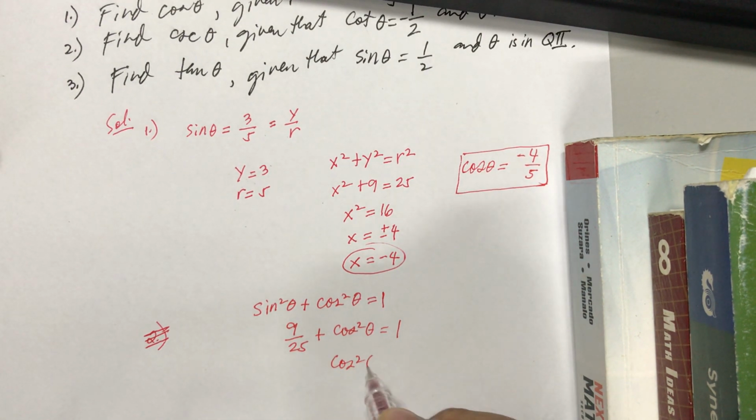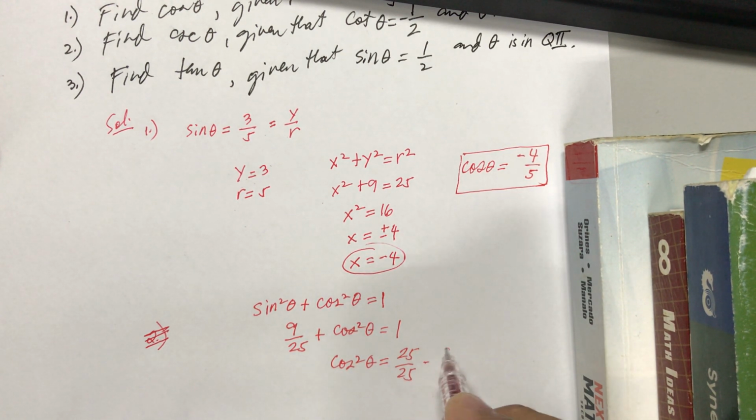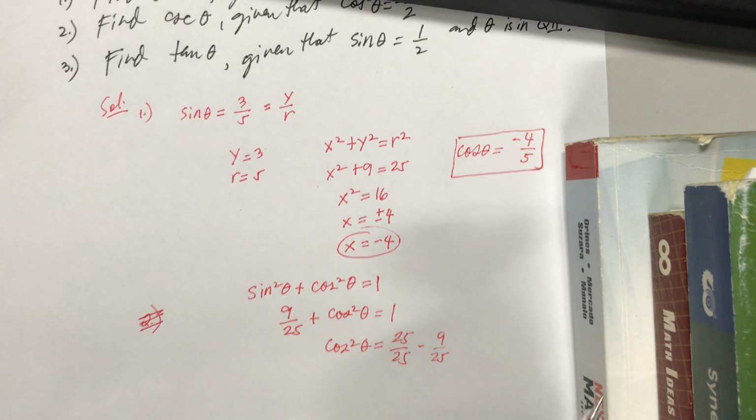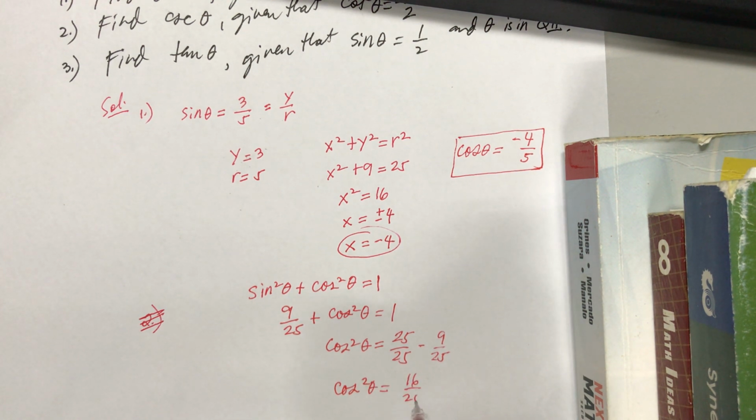Therefore, cosine squared theta is equal to 25 over 25 minus 9 over 25. 25 over 25 is the fraction that would be replaced with 1, so that it will have the same denominator as negative 9 over 25. Therefore, cosine squared theta is 16 over 25.